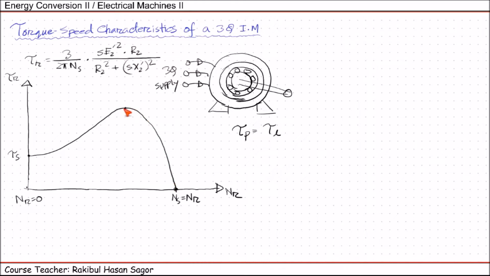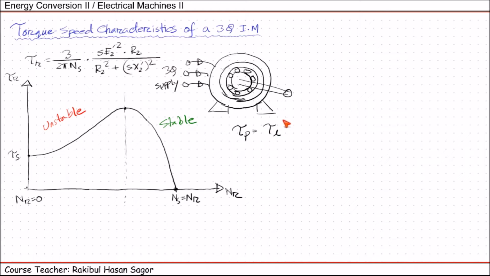We divided our torque speed characteristics curve into two portions. One is stable and another is unstable. This region is unstable region and this region is stable region. To run the motor with a constant speed under a certain load, the motor must run in this region.